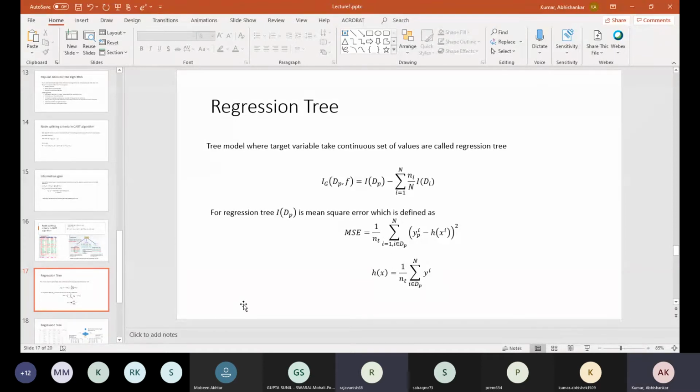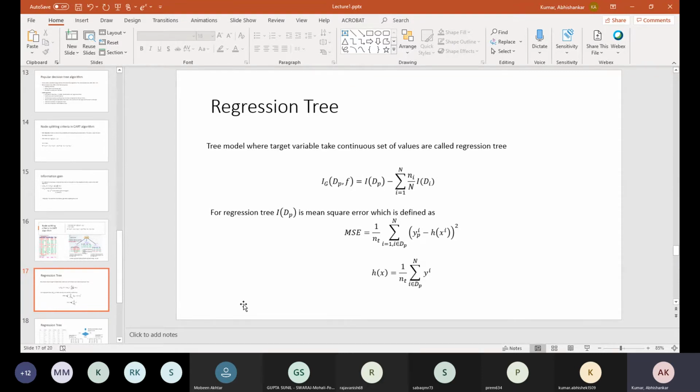Yeah. So one ideal choice is we minimize the sum. For every node we calculate the mean square error, and when we split the node, again we calculate the mean square error after the splitting, and then get the information gain.